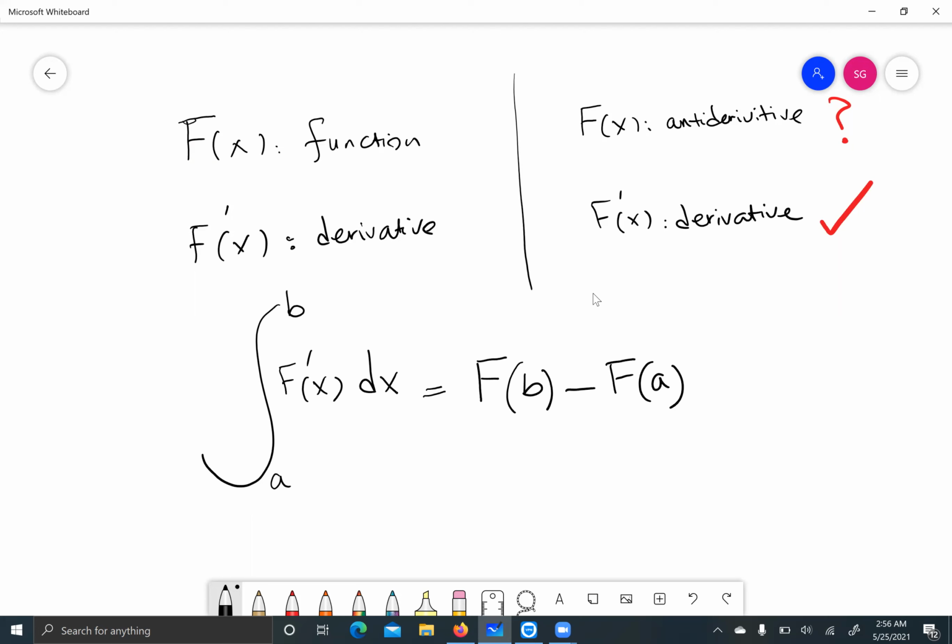So this shows you the connection between the derivative and antiderivative in terms of integral.